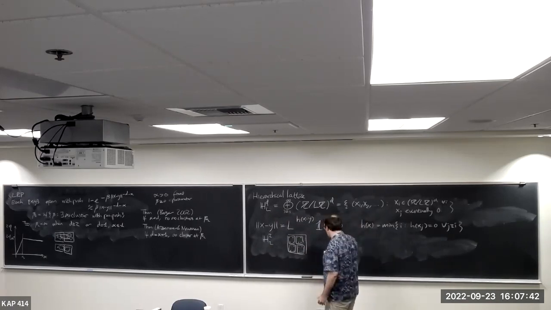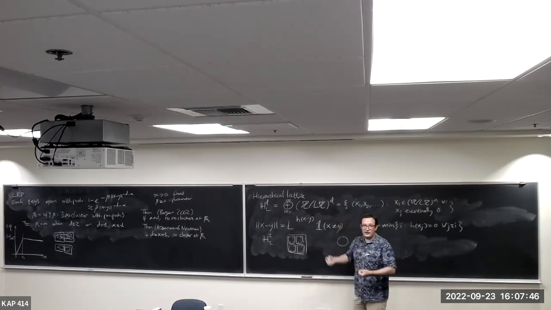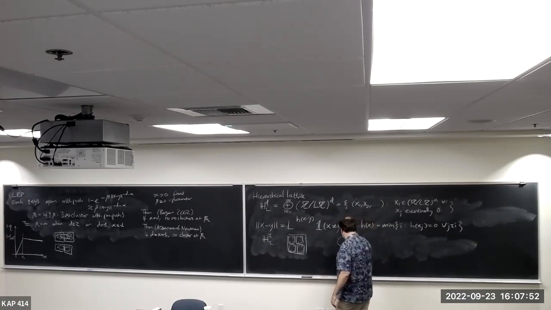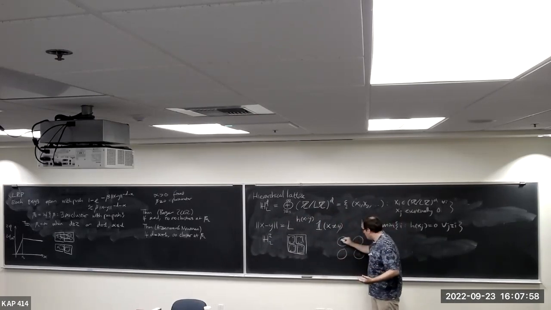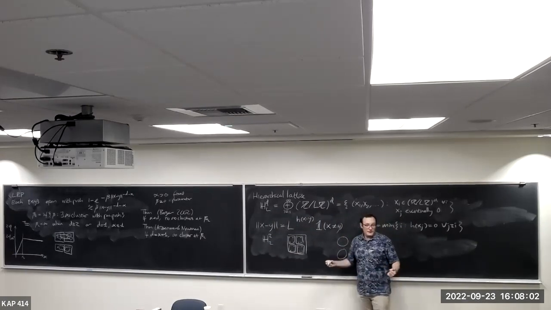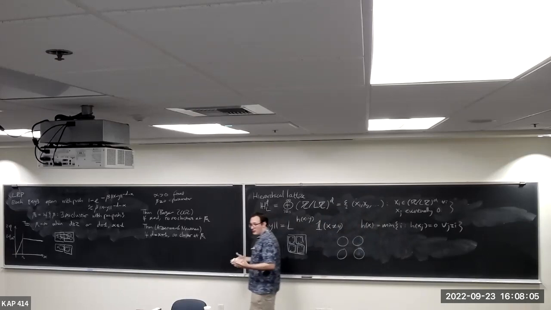To get the hierarchical lattice at scale n+1, in other words, to construct the ball of radius L to the n+1, you just take L to the D copies of the thing at the previous scale, and then you set all the distances between points that are in different copies to be the same. So this has a huge amount of symmetry.